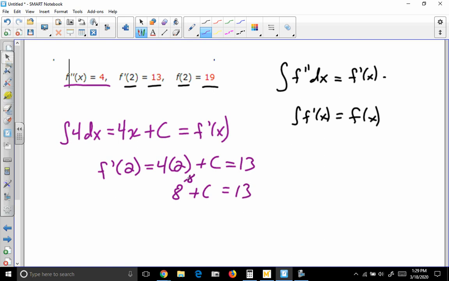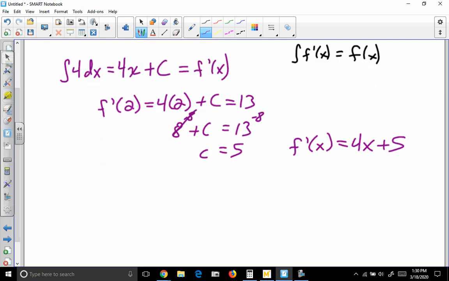Yeah, we subtract 8 from both sides. So this c is 5, which means that instead of having a general first derivative that has a plus c in it, our specific first derivative for our problem is 4x plus 5, not just 4x plus an arbitrary number.